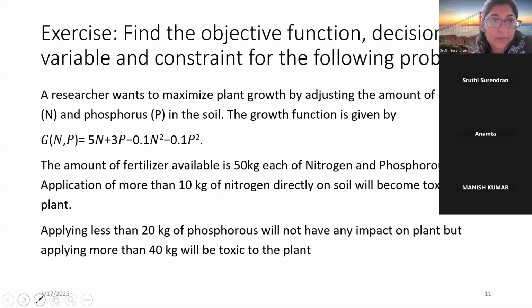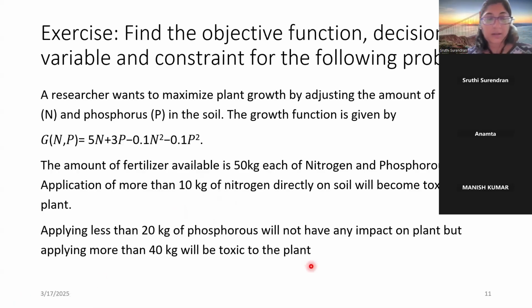So this is another problem. What is going to be the objective function in this problem? A researcher wants to maximize the plant growth by adjusting the amount of nitrogen and phosphorus in the soil. Growth function is given by G, which is a function of nitrogen and phosphorus given by this equation.